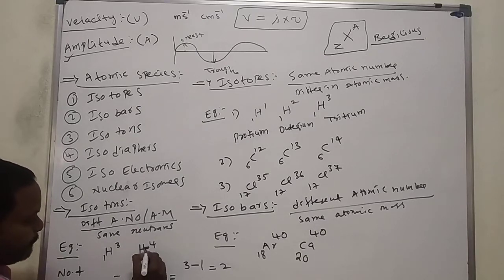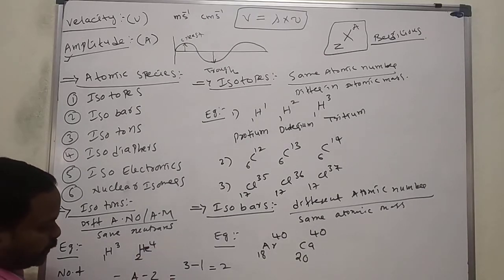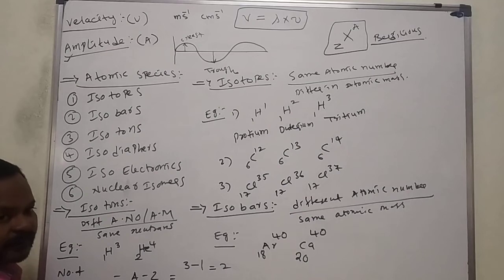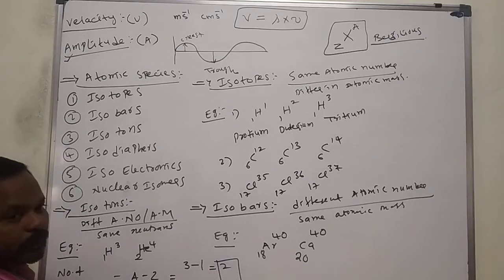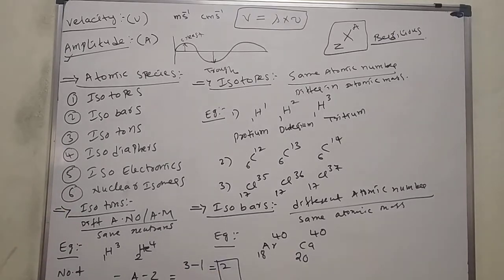Here helium has atomic mass 4 and atomic number 2, so 4 minus 2. A means atomic mass, Z means atomic number. A minus Z gives the neutrons: 2 are the neutrons.